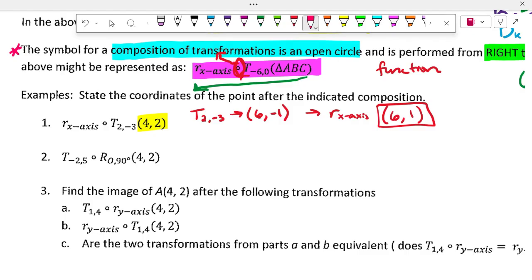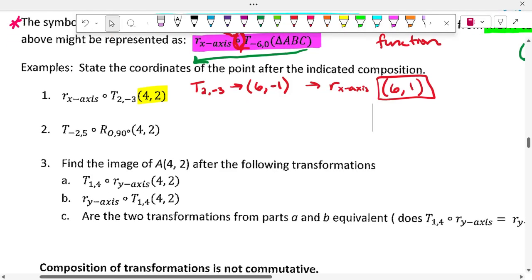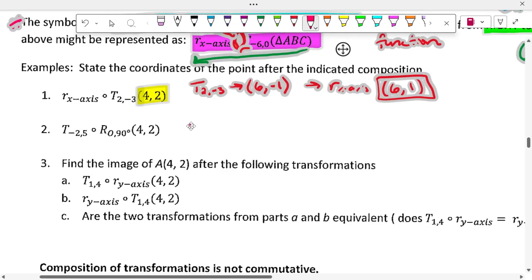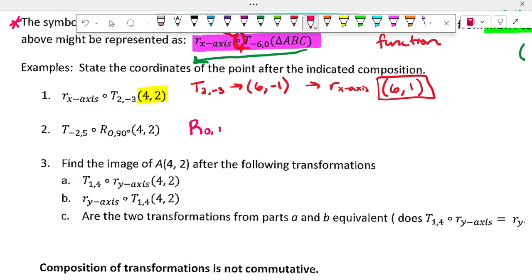This next one, still using the same point, 4, 2. What's the first thing we're doing? Rotating 90 degrees around the origin. What direction? Counterclockwise. So what do I have to do to get it? Flip them and make the x negative. It's going into quadrant 2, so 90 degrees counterclockwise from quadrant 1 is quadrant 2.